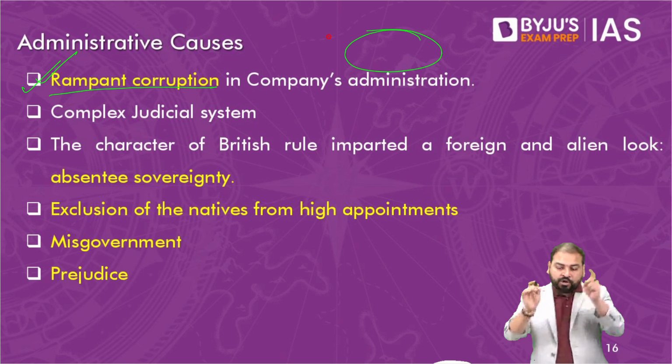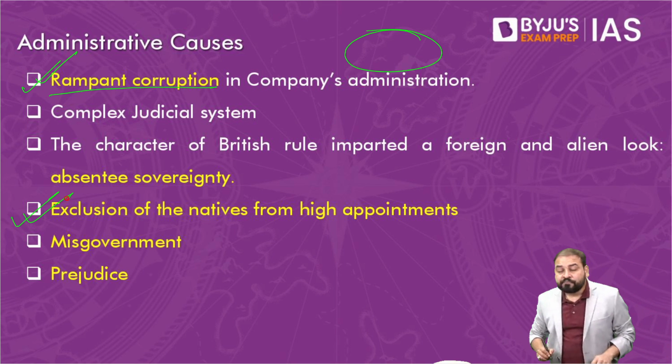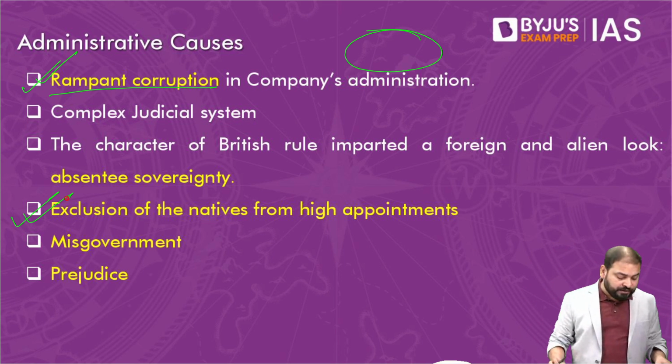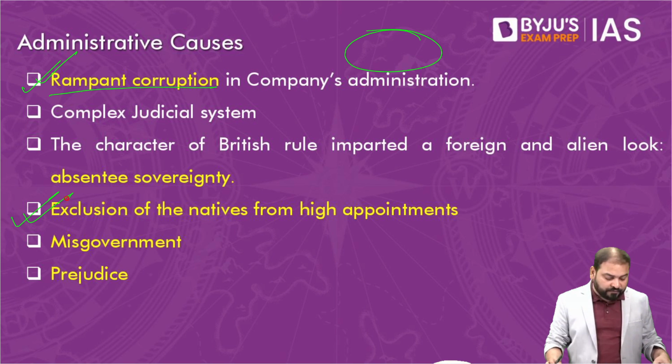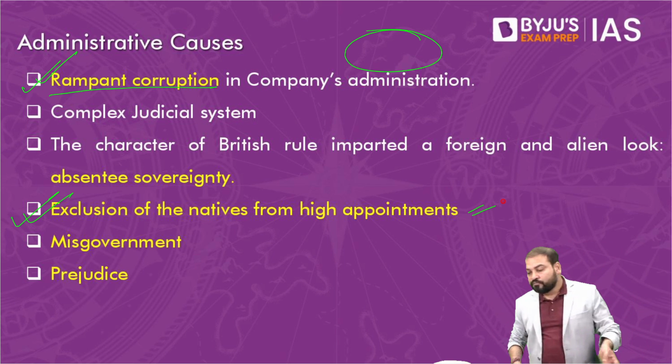Okay. Now, you all tell me, can I bring this also from there only? All the senior positions were now reserved for the British. Can I say this is also an administrative point?